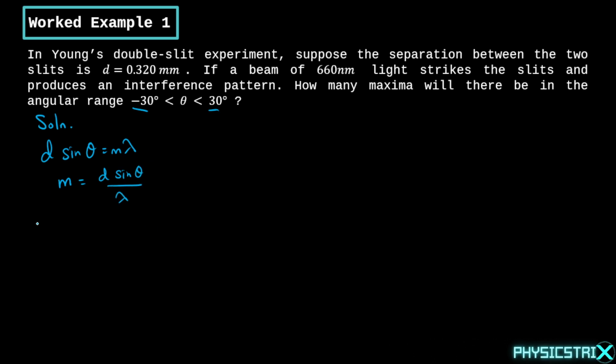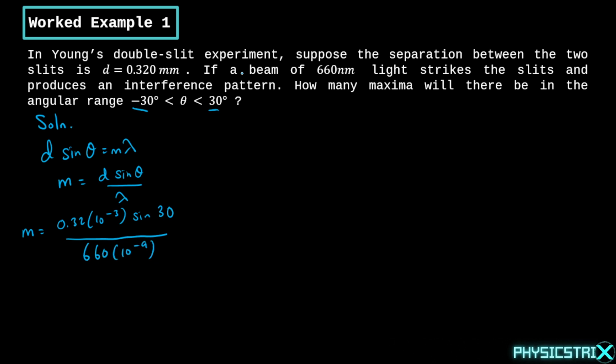I'll just substitute those values in. m equals 0.32 times 10 to the power of negative 3, times sine 30, over 660 times 10 to the power of negative 9.